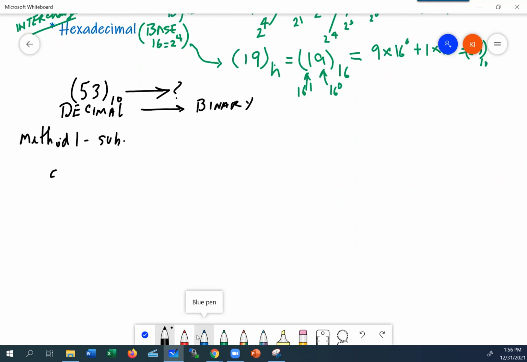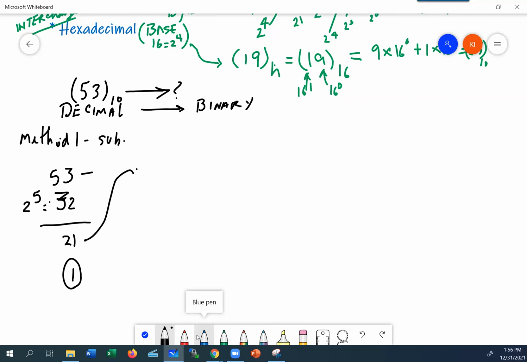And if you go through powers of 2, you get 2 to the power of 1, 2 to the power of 2 which is 4, and you finally get to 2 to the power of 5. That's the largest power of 2 that's less than 53, because 2 to the power of 6 would be 64, and it would be over 53, so you can't use it. So it's 32, and all you do is subtract it. If 32 is smaller than 53, you do the subtraction and you say the bit corresponding to that is equal to 1, because you could subtract.